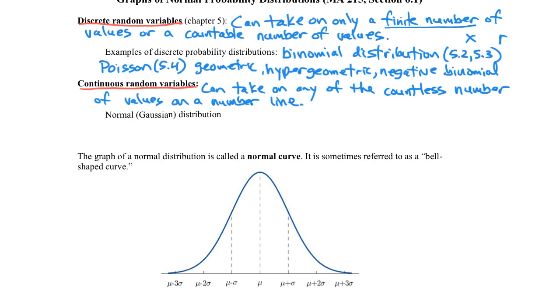So continuous random variables can take on any of the countless number of values on a number line. The first one that we look at is the normal distribution. And this is going to be the most important one. For now, we'll just say the normal distribution, or the Gaussian distribution, named after a German mathematician who studied it, is a probability distribution of a continuous random variable.